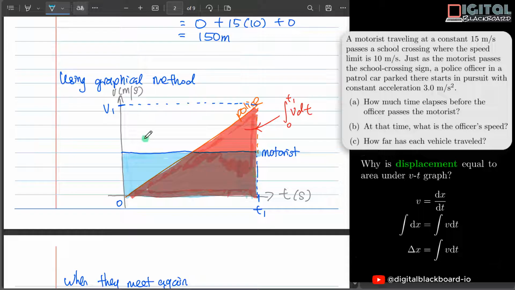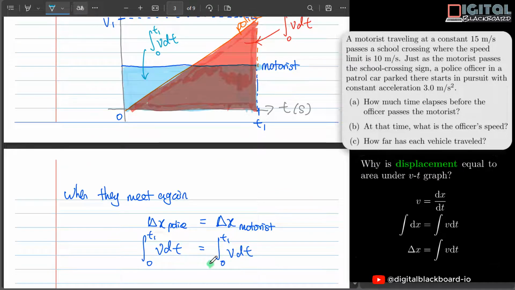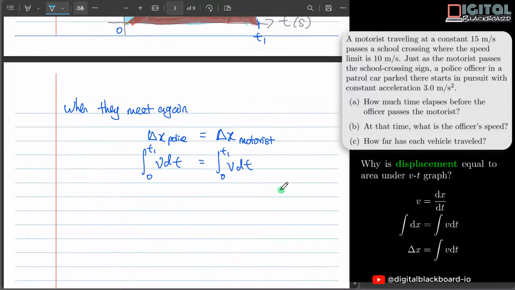So the area in blue is the integral from 0 to t1 of v dt for the motorist. It is the area of a rectangle. And so when they meet, these two areas have to be the same. The blue area and the red area have to be the same.